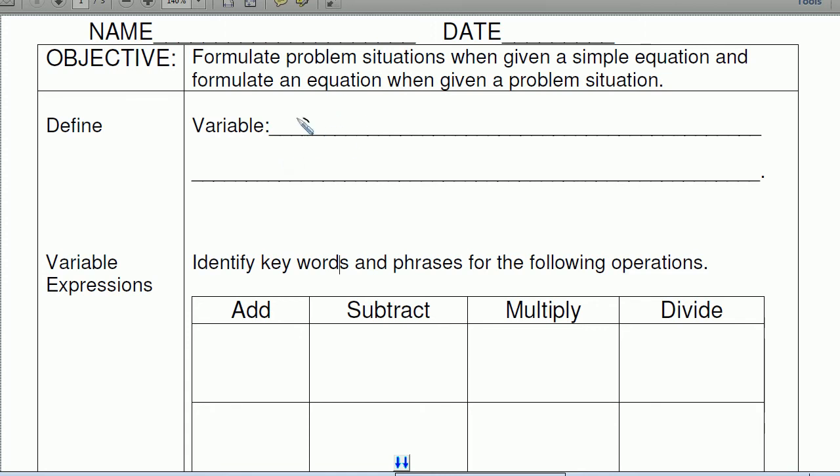A variable is a letter that varies in value.